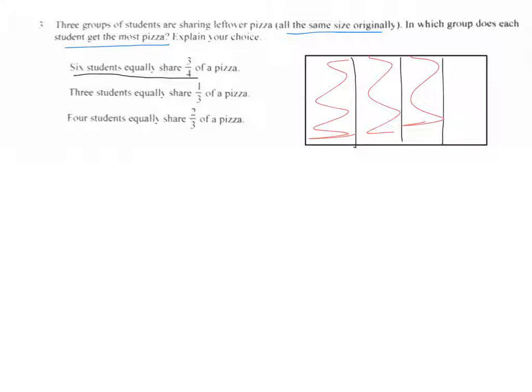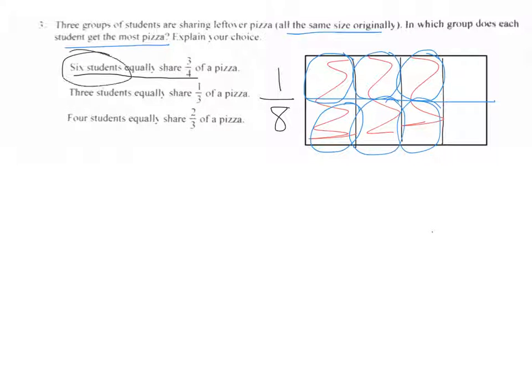And I noticed that if I cut this in half, this right here shows me the 6 slices that they are equally sharing. So I can tell that I have 1, 2, 3, 4, 5, 6, 7, 8 slices total. So I have 8 slices total, but they only get 1 of the 8 because there are 6 students.